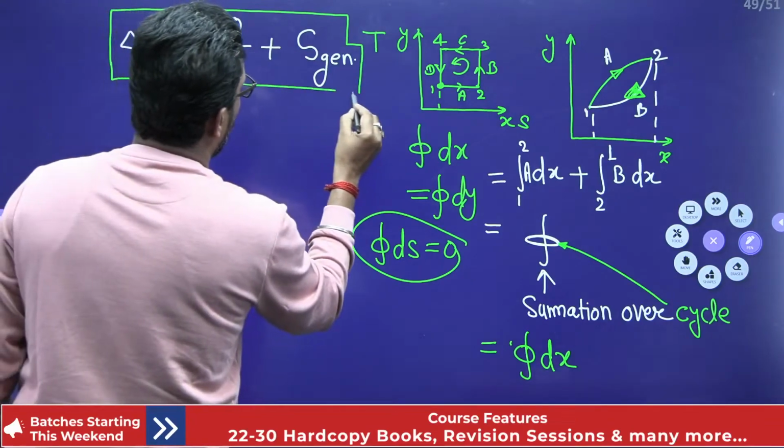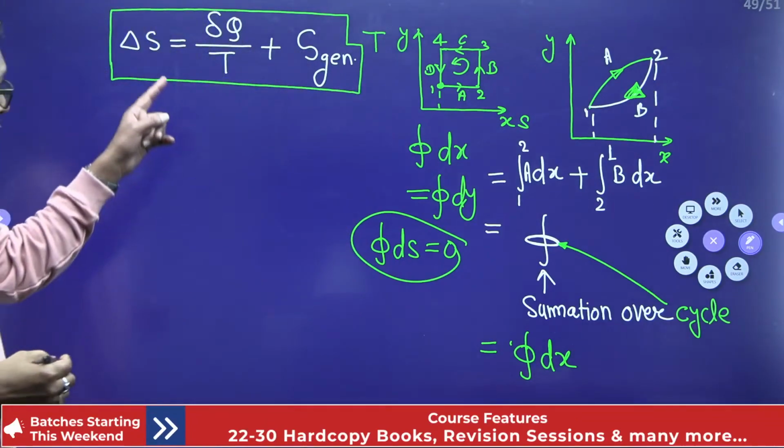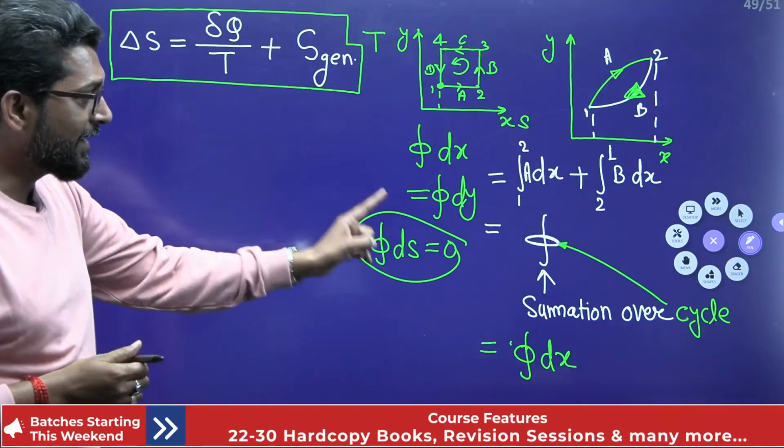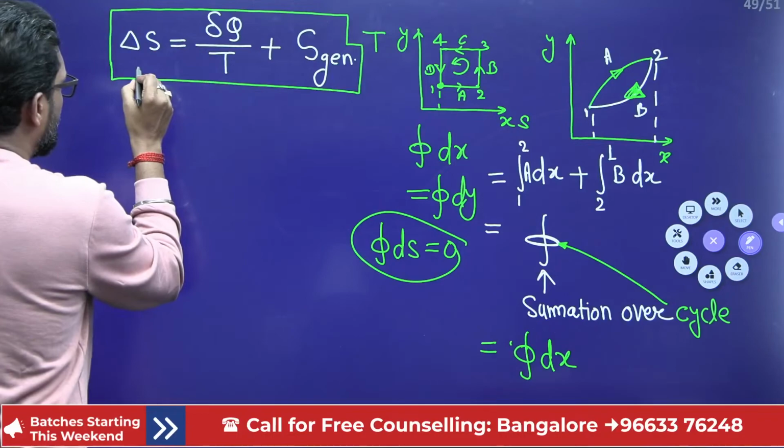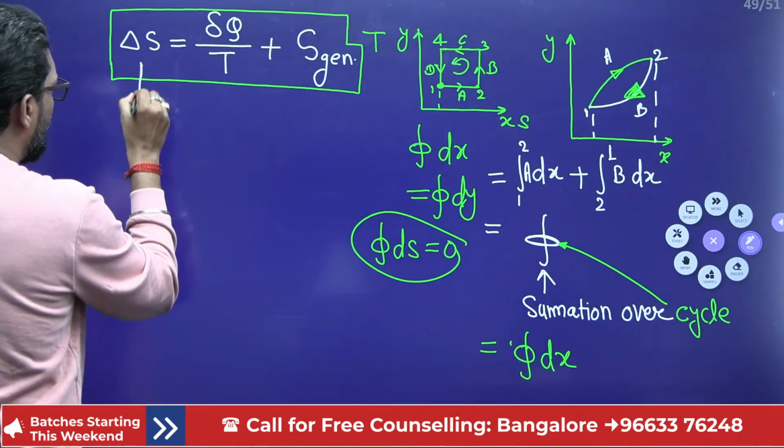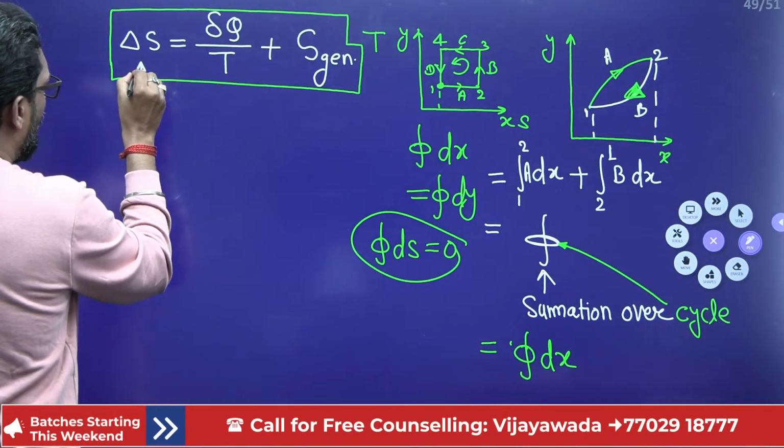So, this is your entropy. Mind it. This is your generation. So first, see, this is your change in entropy of which one? Of the system.